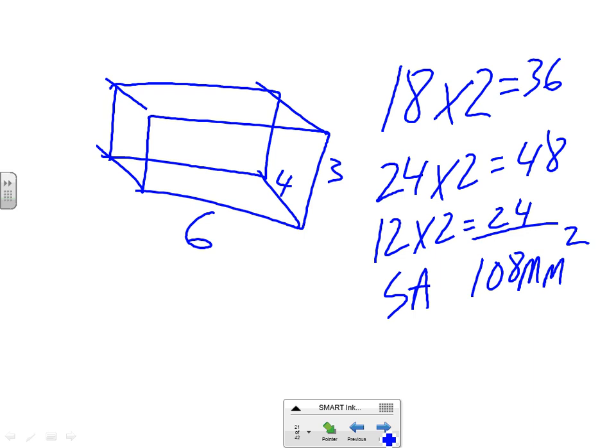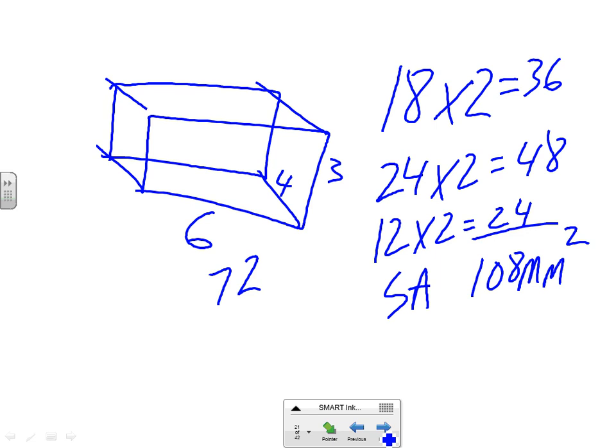To find the volume, when you have a rectangular solid, what do you do? Length times width times height. That's in your formula sheet if you don't know that. Length times width times height. So 6 times 4 times 3, that's 24 times 3, which is what, 72?